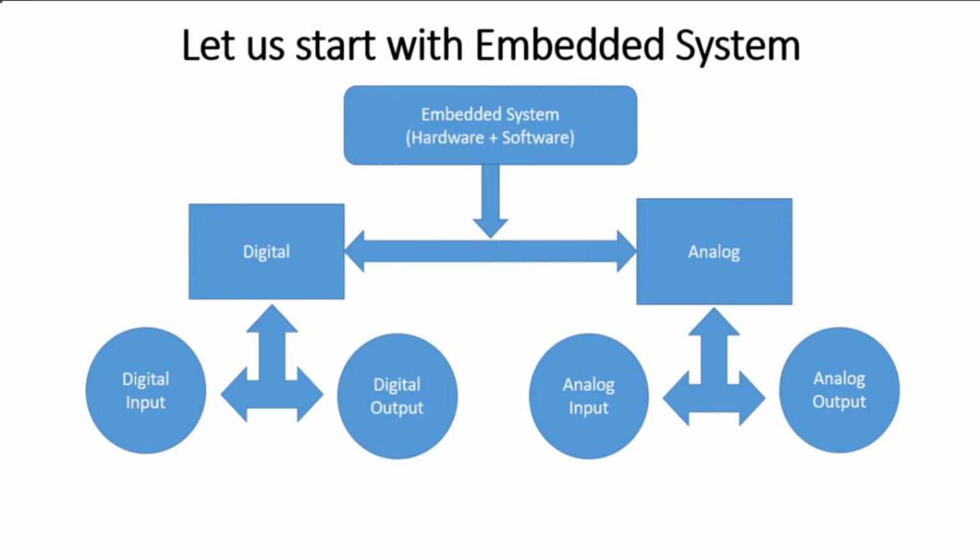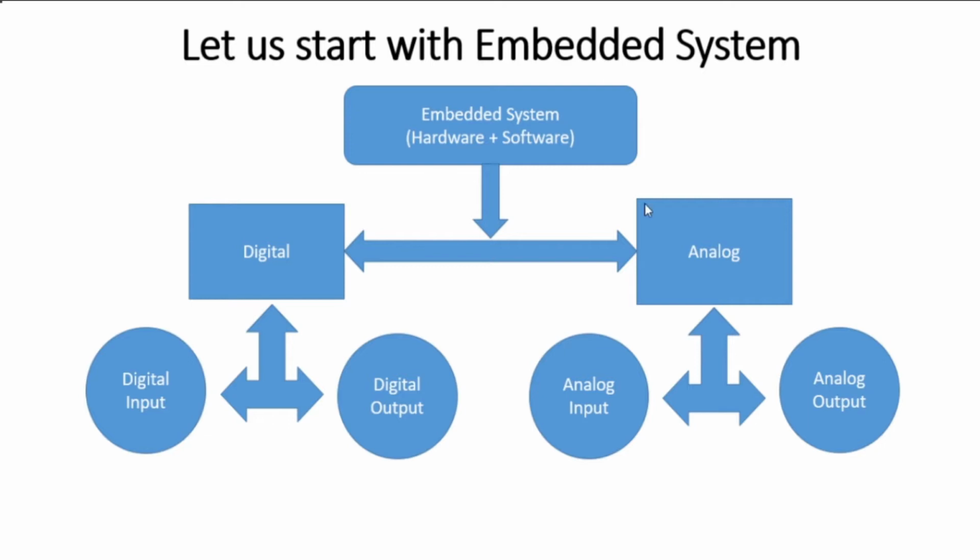It means our microcontroller system can accept digital inputs like switches, sensors, and it can also generate digital outputs like controlling some digital output devices. Also in the analog part, it will accept some analog data from some sensors and also can generate some analog output for some analog devices. So this is the basic idea.